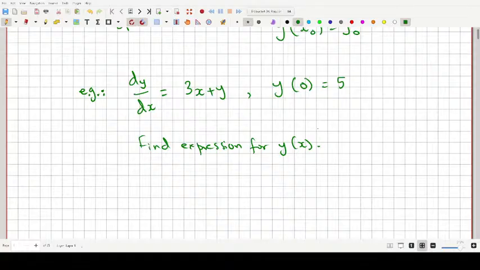One of the first methods that we're going to talk about is called Picard's method. Picard's method is a method to solve our given first order equation. Picard's method and Euler's method are the methods that we are going to learn about in this particular session.